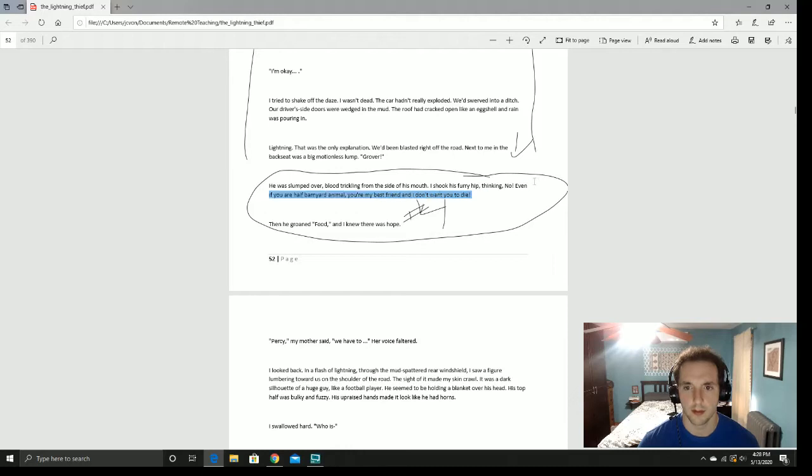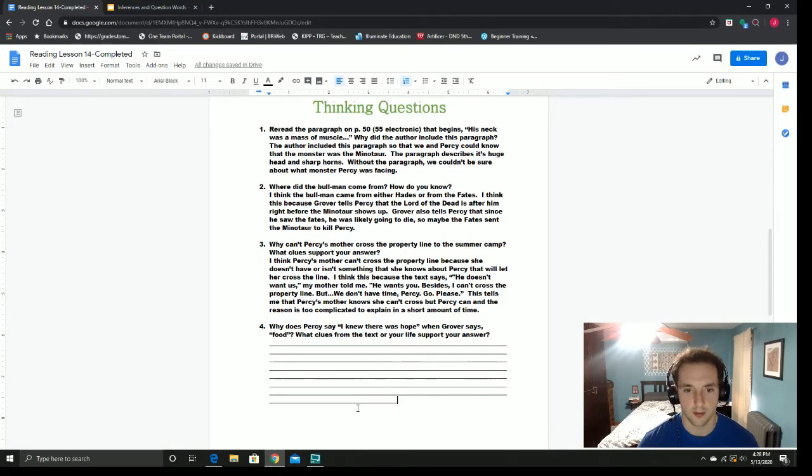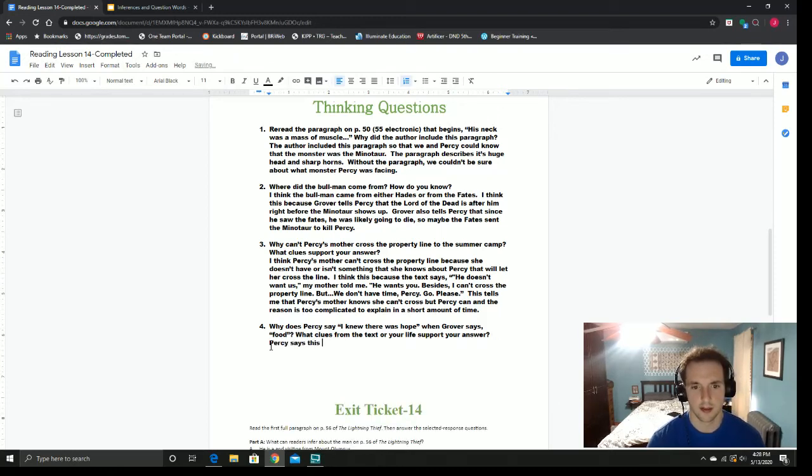I'm going to use this evidence here to show that Percy was afraid that Grover was dead. Percy says this because he was afraid that Grover had died in the car accident.